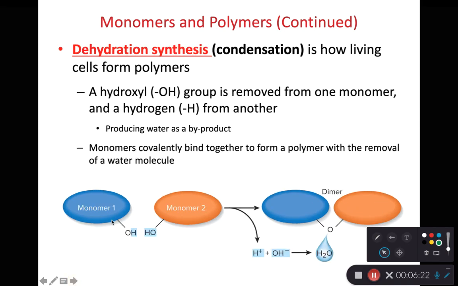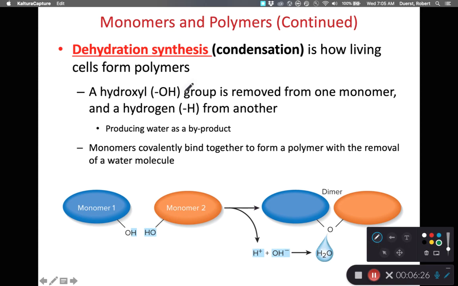But I meant to cover dehydration synthesis first. Dehydration synthesis, sometimes referred to as a condensation reaction, is going to be making a polymer. This is when we build up a molecule. So we can have monomer 1, monomer 2, and as we see down here, we have two hydrogens and one oxygen, and they can be combined to make a water molecule.